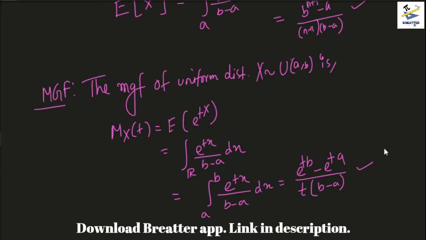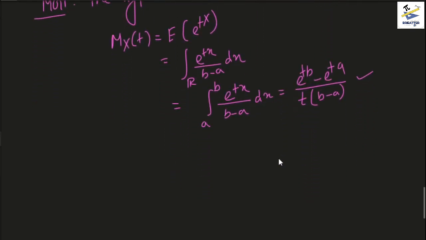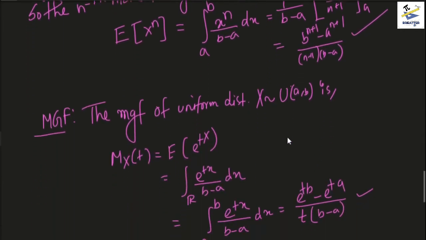This is the MGF for the distribution, and you can also expand it in the form of an infinite series by using the expansions of e to the power tb and e to the power ta and subtracting them, and find it in terms of powers of t, but that is not required right now because we have already found the higher moments in a separate form.